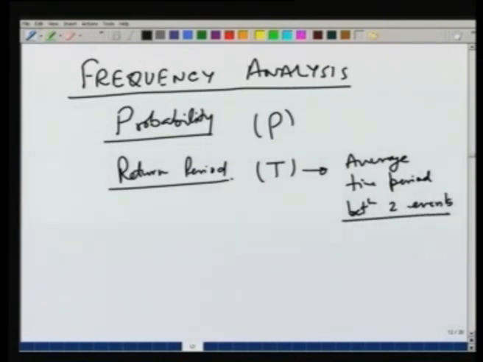For example, we say rainfall of 100 millimeters in 1 day, what will be the average expectation? So, let us say we can say once in 10 years or once in 20 years.